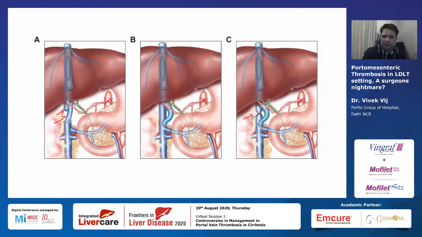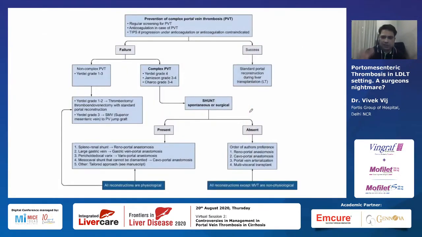So there are various options available with different centers, depending on surgeons' expertise, experience, and choice. They choose between all these and then create. So ultimately, the aim is to create a flow to the new liver. So this is a complex diagram.